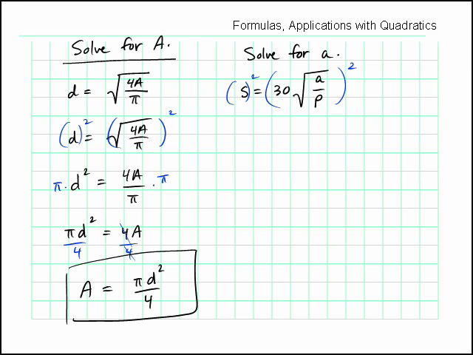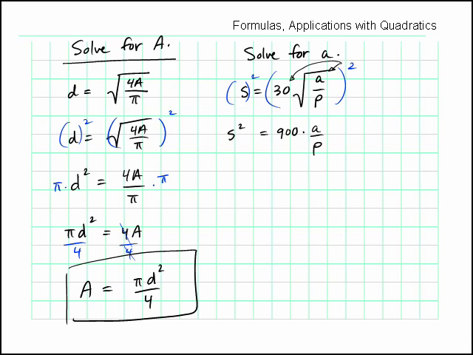On the left we have s squared. On the right side we must square everything in the parentheses. So I've got to square the 30, which is 900. 30 times 30 is 900. Times, here the square root and the square will cancel each other away and leave you with a over p.